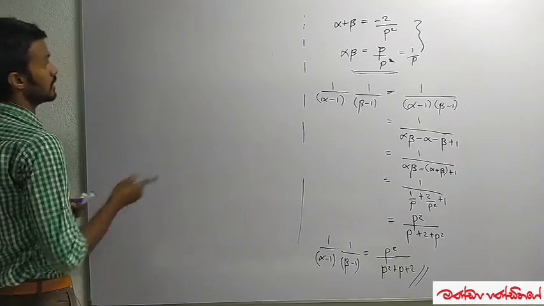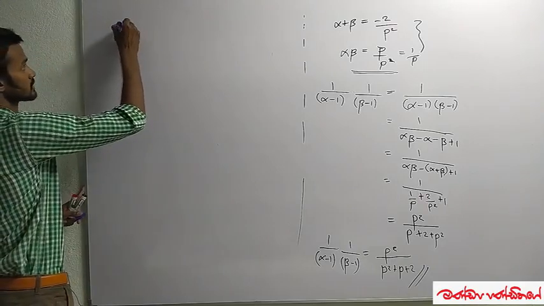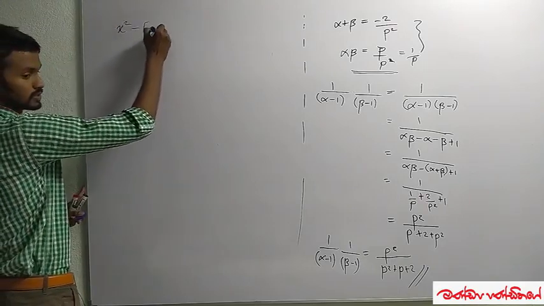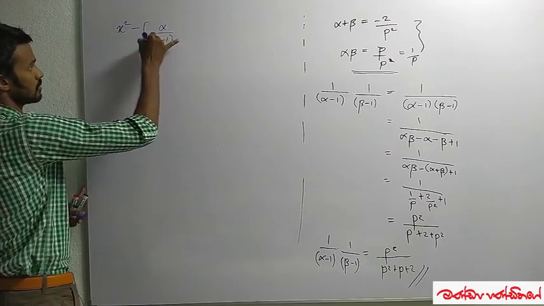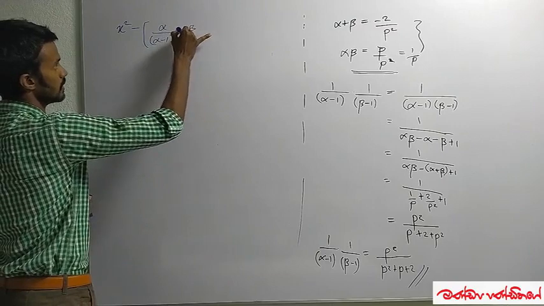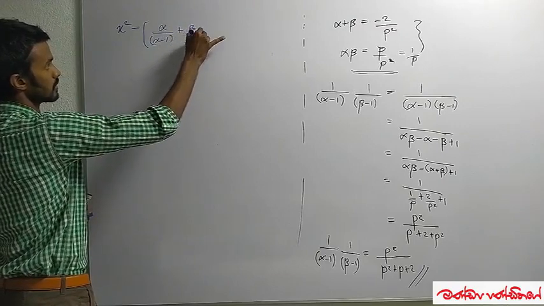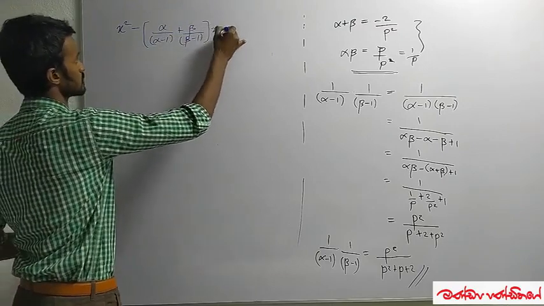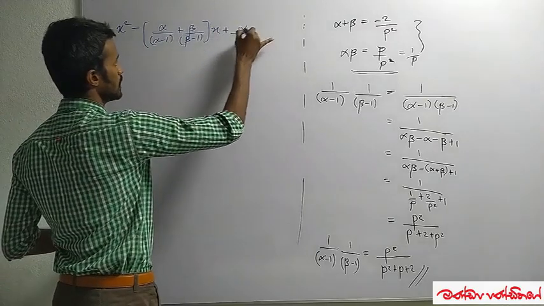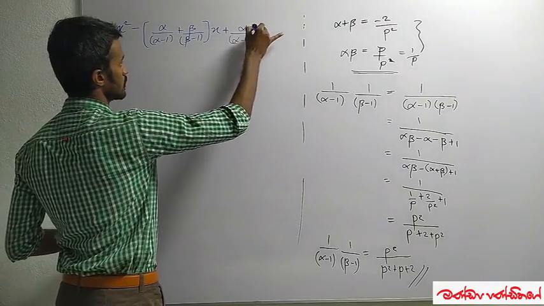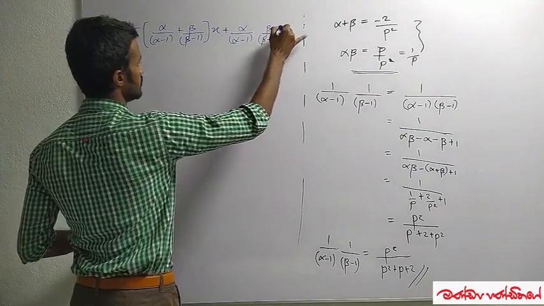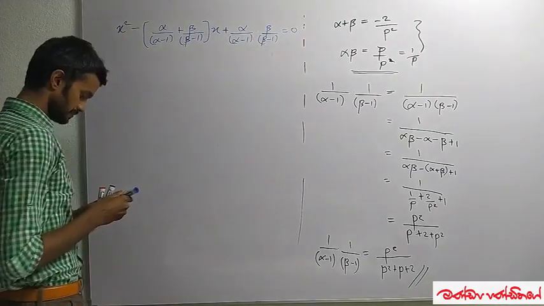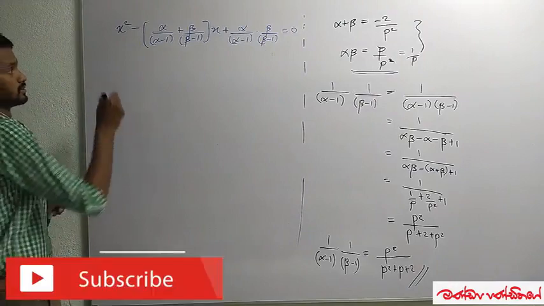So I get it. It's x squared minus the addition of the 2 roots, alpha over alpha minus 1 plus beta over beta minus 1, times x plus alpha over alpha minus 1 times beta over beta minus 1 is equal to 0. So I'm simplifying it.